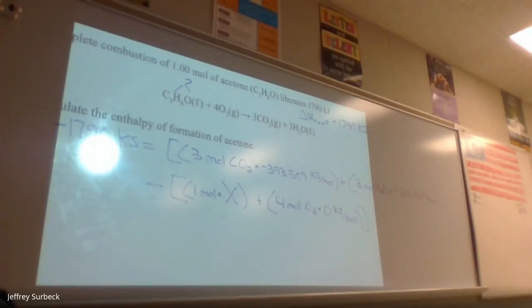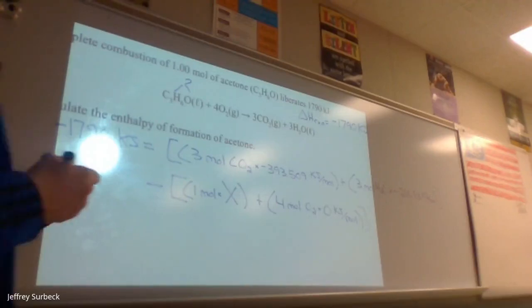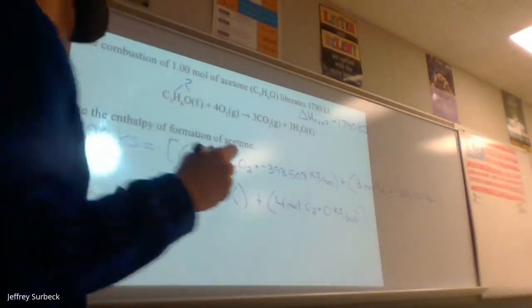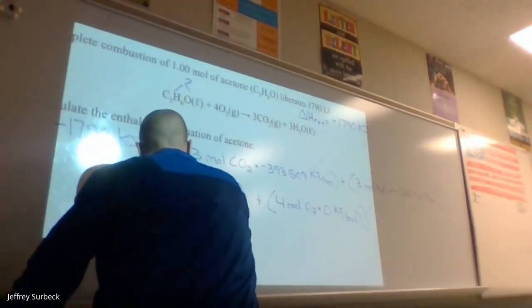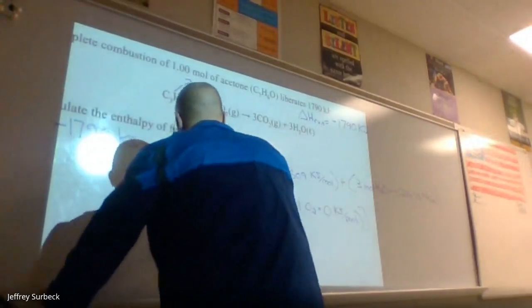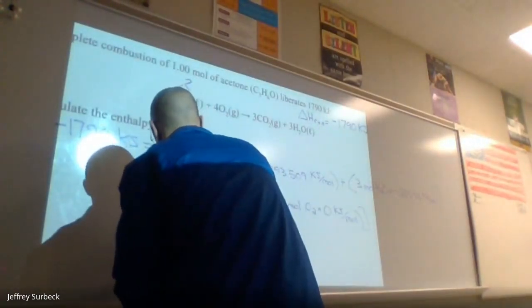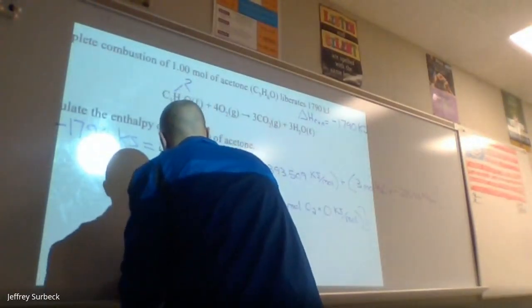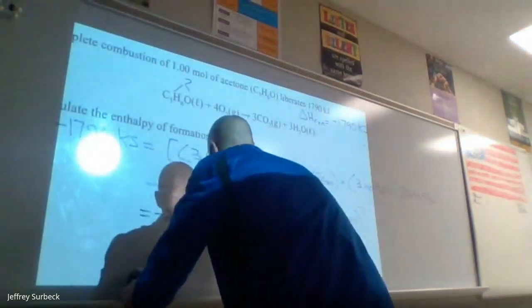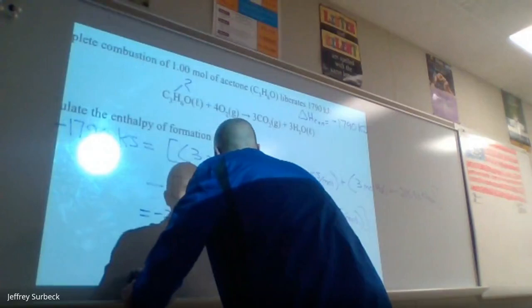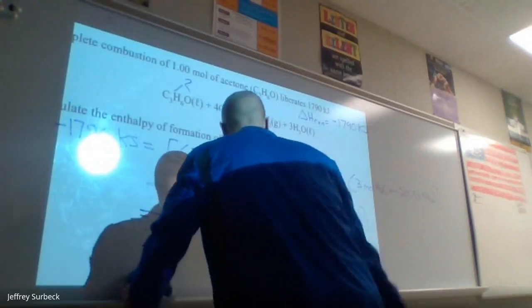Put that double set of parentheses, and what do we get there? Negative 2038.017. Okay, perfect. And that right there is in kilojoules.